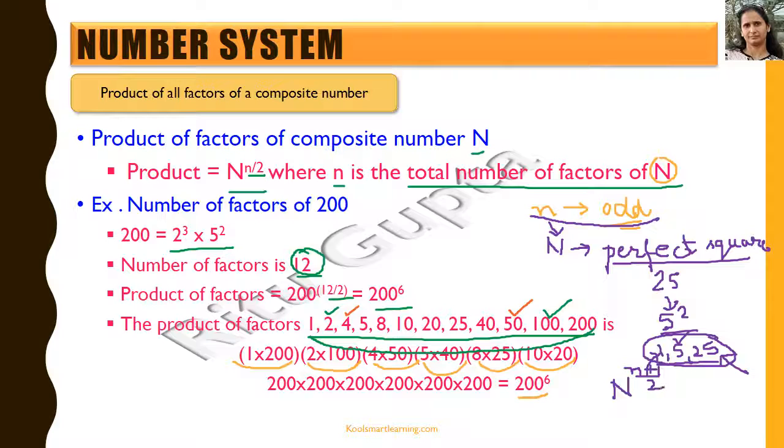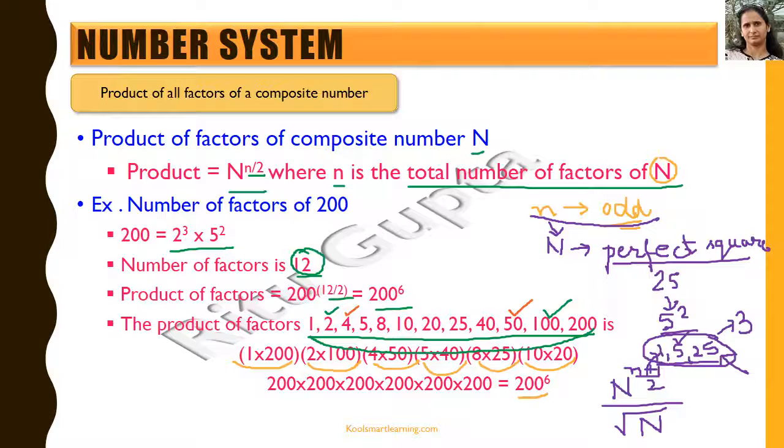So in this case, we have the number of factors as 3, so we add 1 to it, we get 4 divided by 2, which gives us N raised to power 2, which is 25 square. Divide by the square root of the given composite number, which is the perfect square.